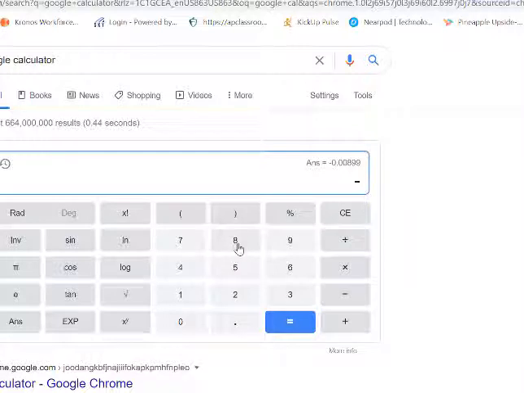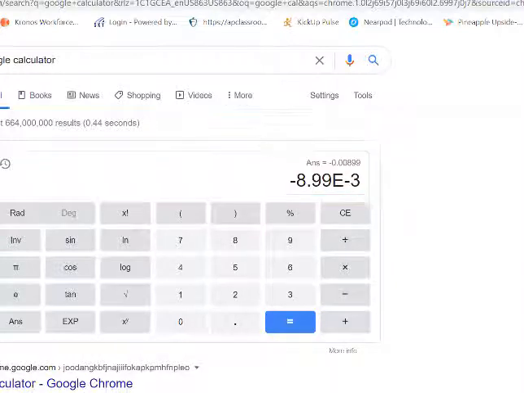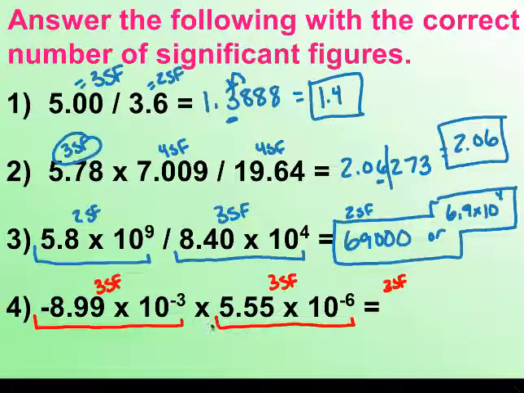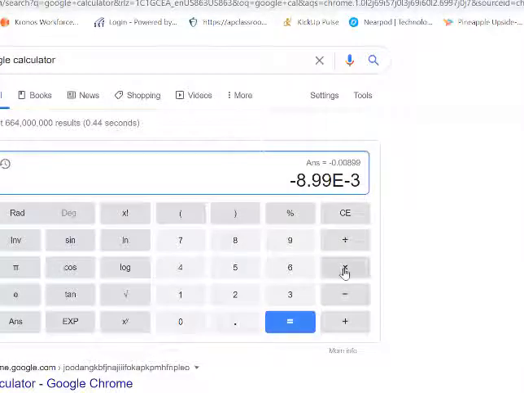So negative 8.99 times 10 to the negative 3rd. Then I'm multiplying times 5.55 times 10 to the negative 6th.